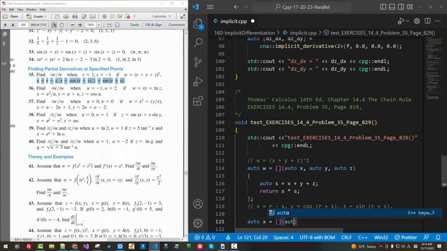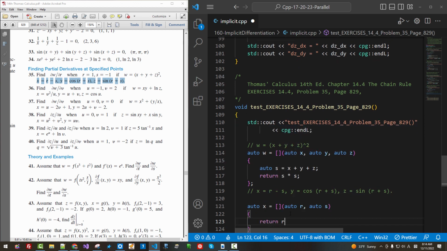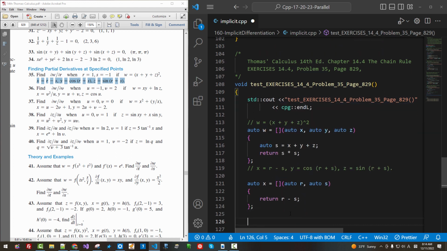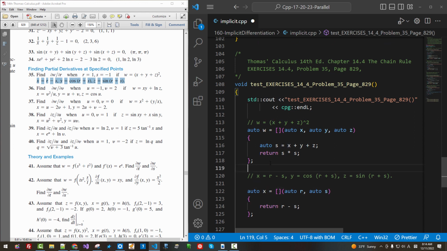Now x, r, s. Return R minus X. This is function X or variable X. I will copy, paste it here.